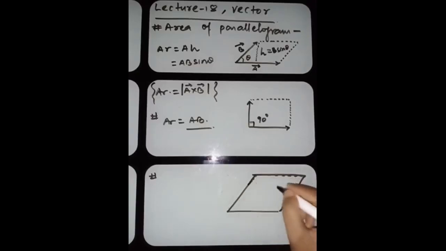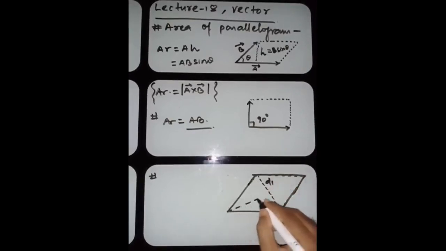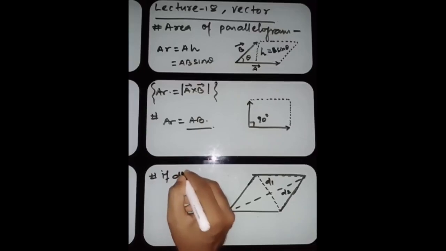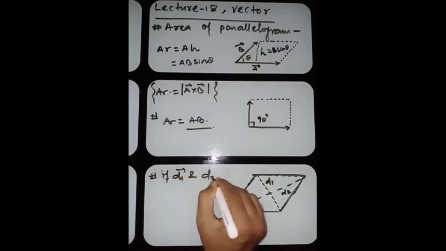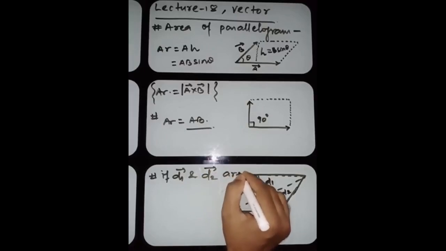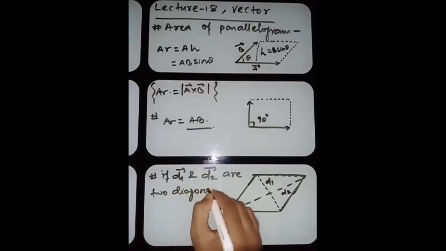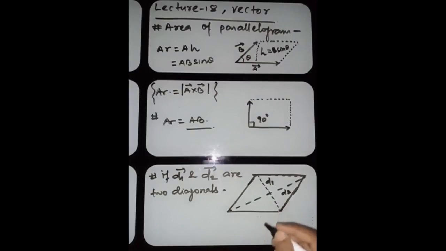Suppose here the first diagonal is D1 and the second diagonal is D2, and both are vectors. If D1 and D2 are the two diagonals, then what will be the area?